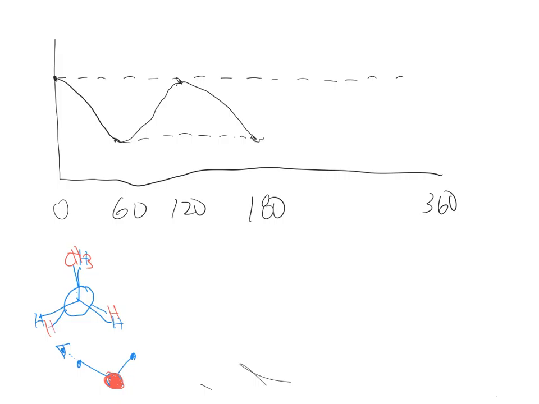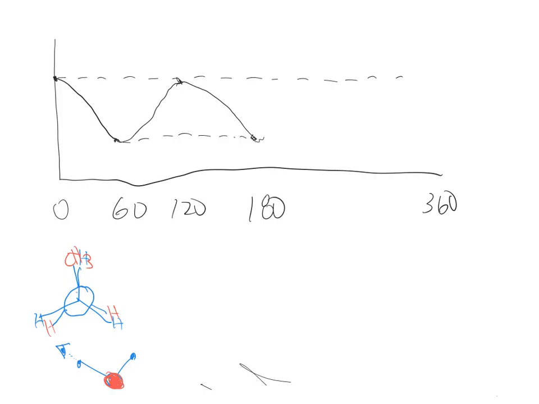Okay, so it's eclipsed. Now, just comparing that to the ethane that we talked about before, when it's eclipsed, is it going to be the same in energy, higher in energy, or lower in energy than ethane?